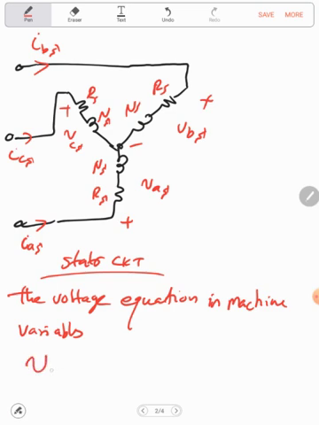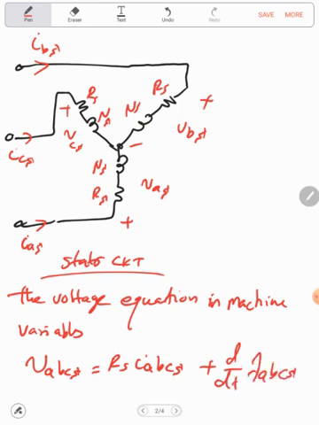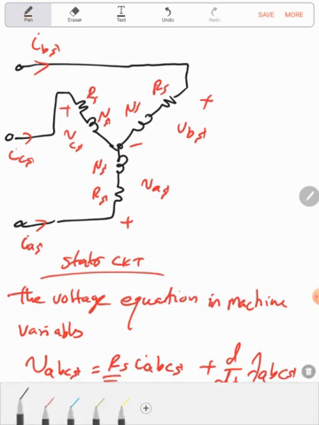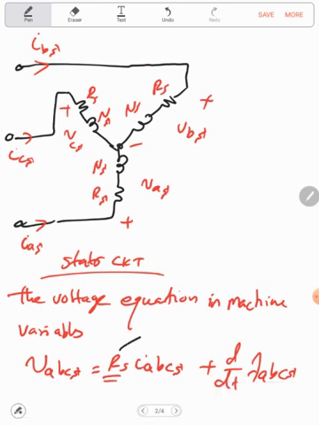So this is VABCS equal to RS IABCS plus d by dt of lambda ABCS. And R here is a diagonal matrix. So simply we can write here RS is a diagonal matrix.